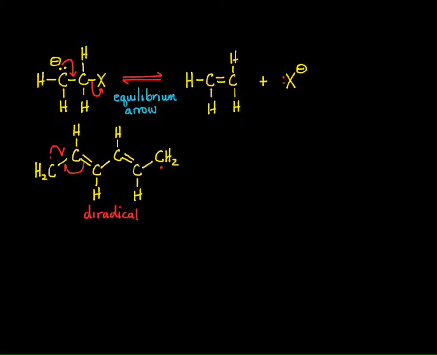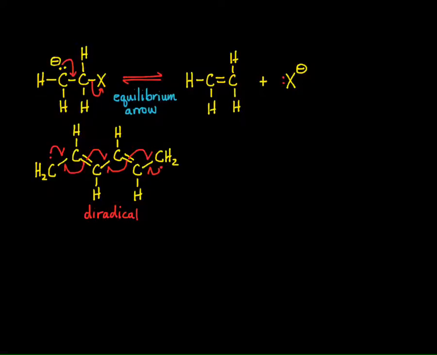That's going to leave me with another electron that's left. Well, I'm going to take that other electron and move it over to form a new bond between carbon 3 and carbon 4. Again, that's only one electron, so I'm going to take an electron from the double bond of carbon 5 and 6, which leaves me with a lone electron, which I can then take to form a bond with my last electron.